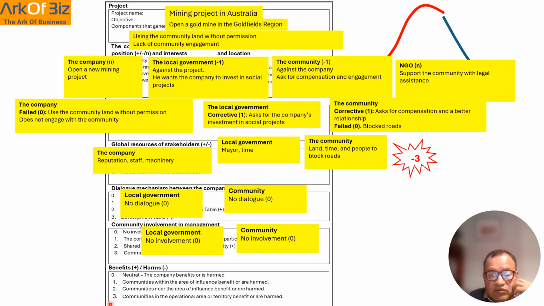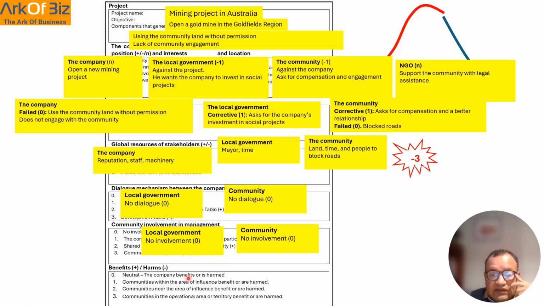Here we have the information up until community involvement. Okay, now what benefits or harms have stakeholders received in this stage? We have two main stakeholders. The company always has a value of 0 in this element because, again, the ASEC tool measures the social license to operate, social license approval or social license acceptance.